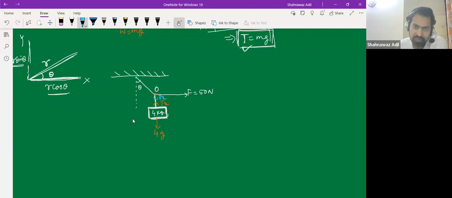That is why this string is tight and straight, because it is also experiencing the tension in the opposite direction. Whenever we have some string, the tension is experienced in the opposite direction. So this has some tension in this direction, downward. And what else do we have?